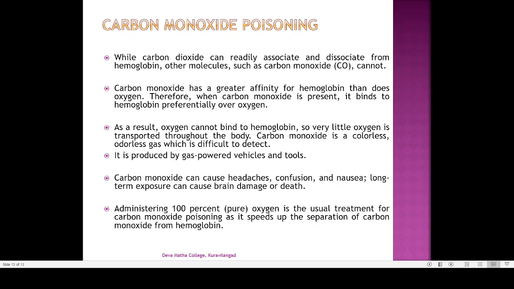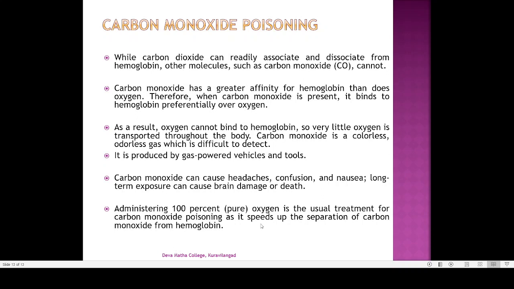So these are the normal sources producing carbon monoxide. It can cause headaches, confusion, as well as nausea. Nausea here means vomiting, and long-term exposure can cause brain damage or death. So this is the problem of carbon monoxide poisoning.